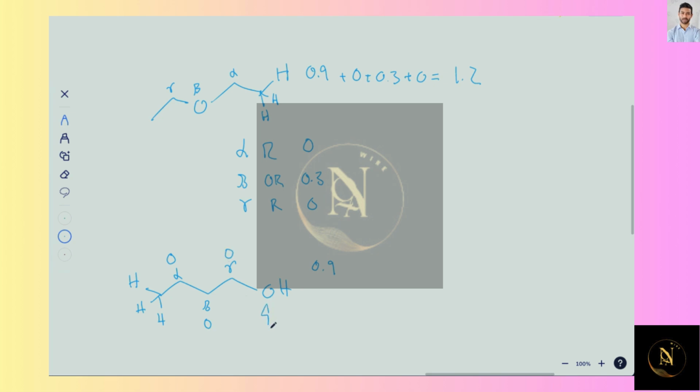We don't actually have to worry about this oxygen at all because it's beyond the gamma position. So 0.9 plus 0 plus 0 plus 0 equals 0.9. So our final answer for this one is 0.9.